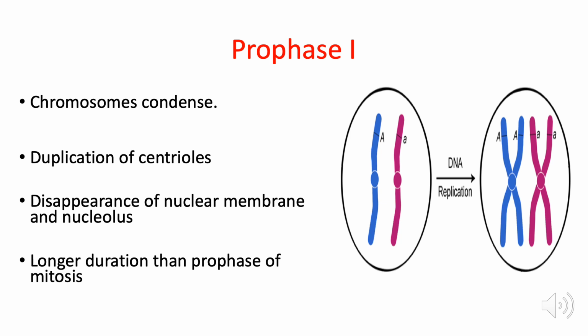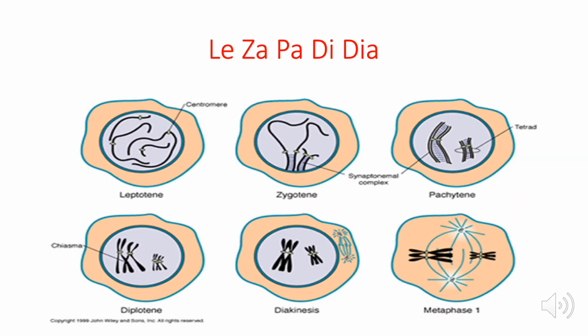But prophase I is the longest stage in both meiosis I and meiosis II. Why? Prophase I is the longest among all the stages in meiosis. It's because in prophase I, the cell has to undergo several stages.